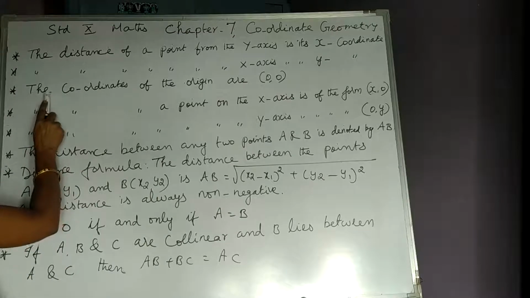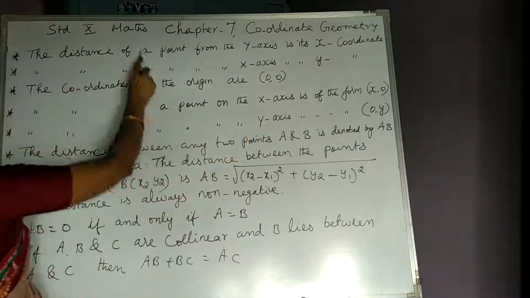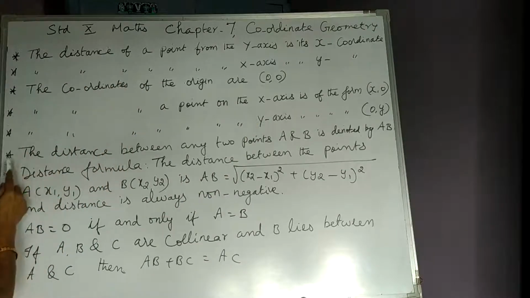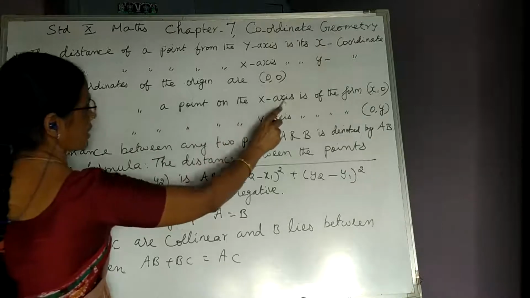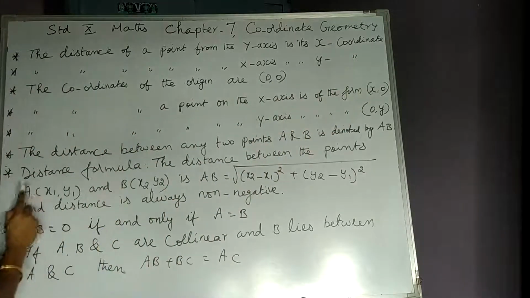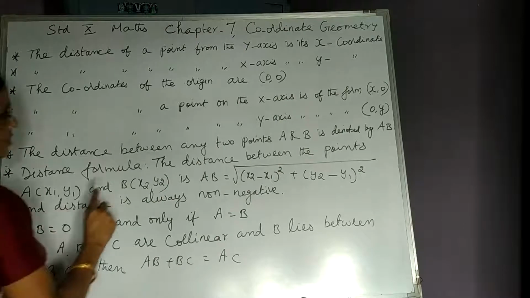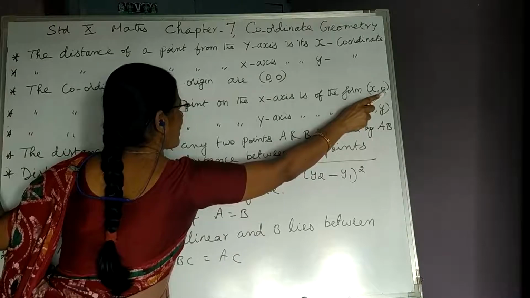The third point is the coordinates of the origin are 0, 0. All this we had studied in the earlier classes. The coordinate of a point on the x-axis is of the form x, 0. If you take any point on the x-axis, x will be there, whereas the y-coordinate will be 0.